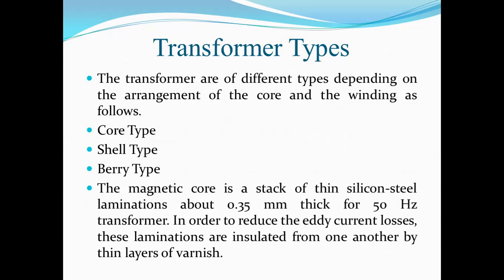So according to construction, there are two types, core type and shell type. The magnetic core is a stack of thin silicon steel laminations about 0.35 mm thick for 50 Hz transformer in order to reduce the eddy current losses. These laminations are insulated from one another by a thin layer of varnish.